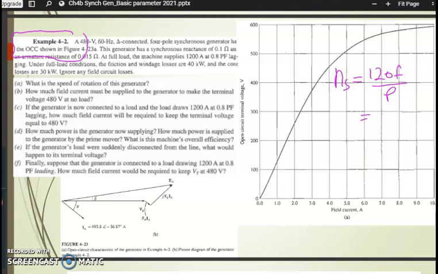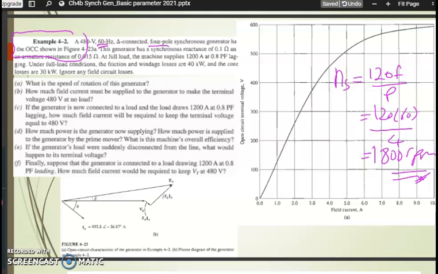We have here 4 poles, and the frequency is 60 Hz, so 120 times 60 divided by 4. So we shall get a value of 1800 RPM. This is the electrical speed, or synchronous speed, of this machine.